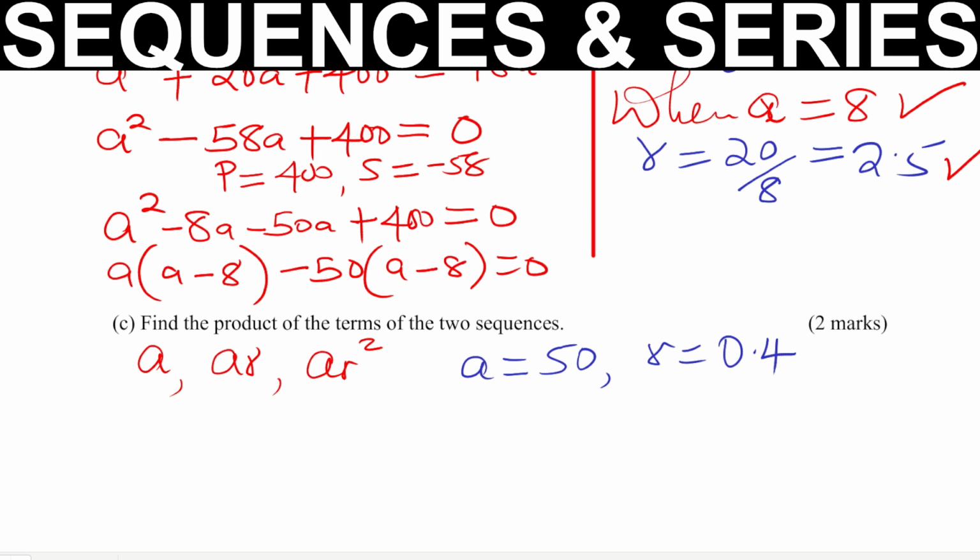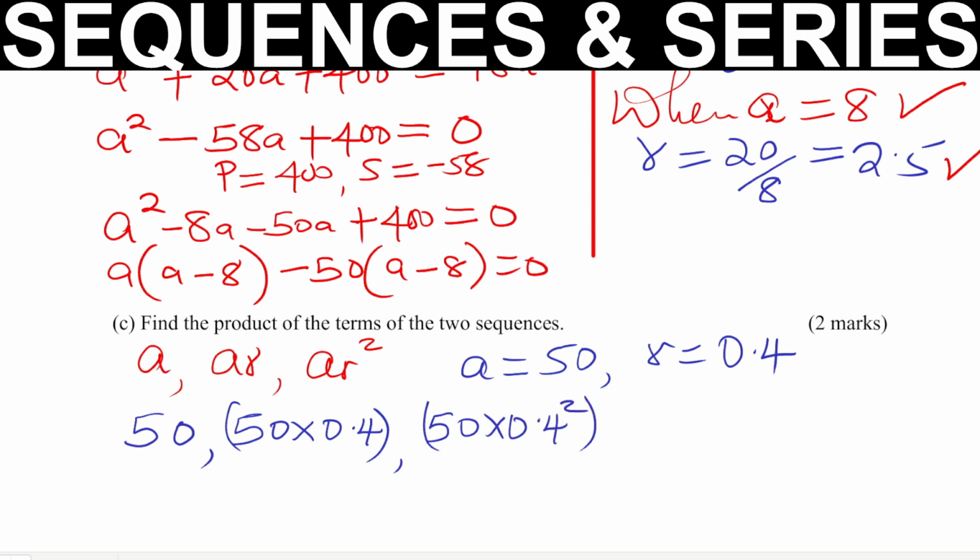So that will give us the terms of the first sequence. So just substitute. A is 50, so the terms will be 50. Then 50 times R, that will be 50 times 0.4. That is the second. Then the third one will be 50 times 0.4 squared. So this one will give the terms as 50.